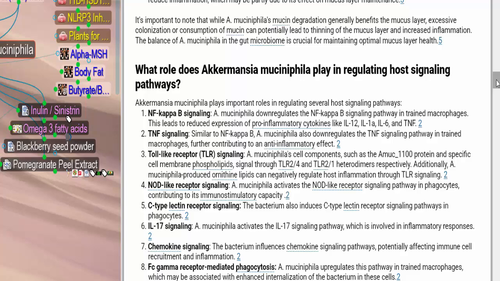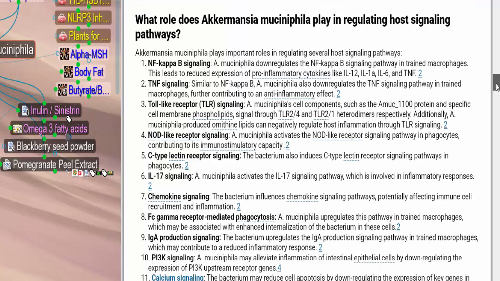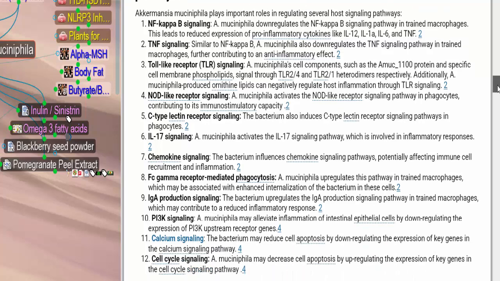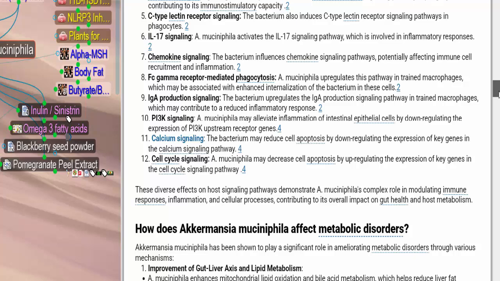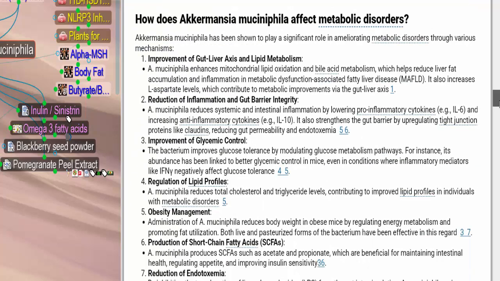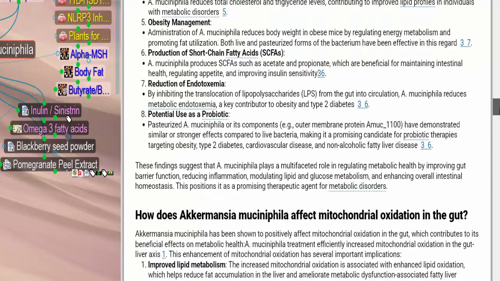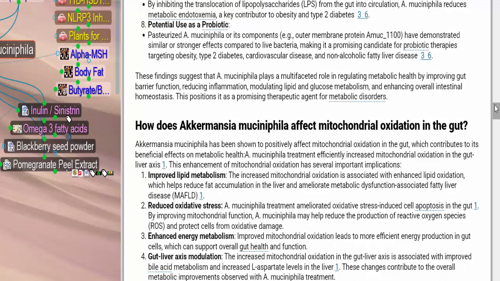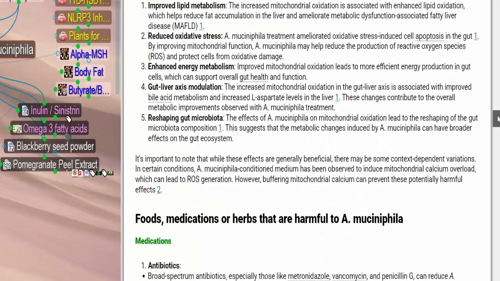You can come in here and see exactly what role it plays in regulating our signaling pathways. Some of this is kind of complicated, but all these terms are in the database, so if you want, you can look them up and find out what they are. And here you can learn about how it affects metabolic disorders, including obesity, and how it affects mitochondrial oxidation. That plays a role in colon cancer.